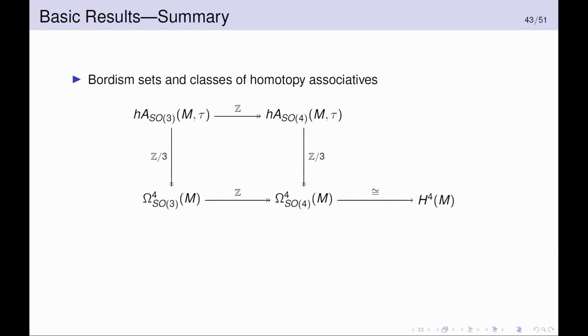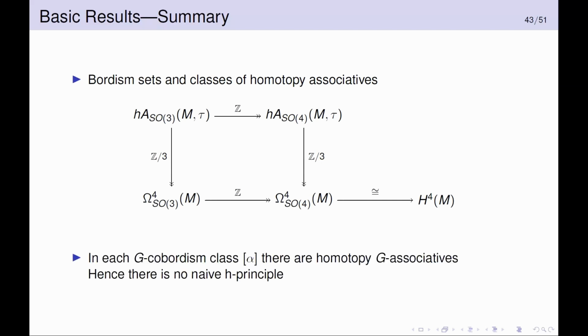And if we pass to the homotopy associatives, then it's 3 more choices on either side. Okay. And we've seen that each G cobordism class contains homotopy G associatives, and therefore there is no H.